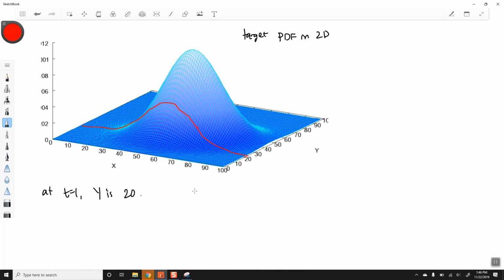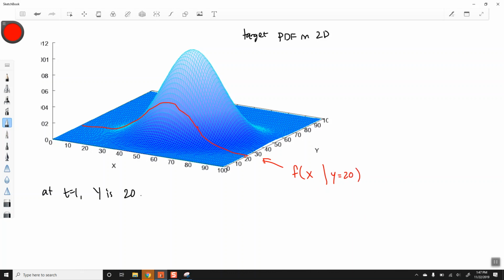Okay, so at time t equals 1, y is 20. And basically this red line represents f of x if we lock in y equal to 20.